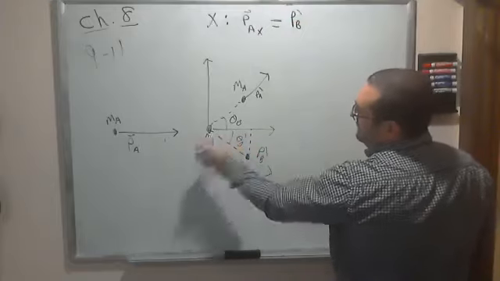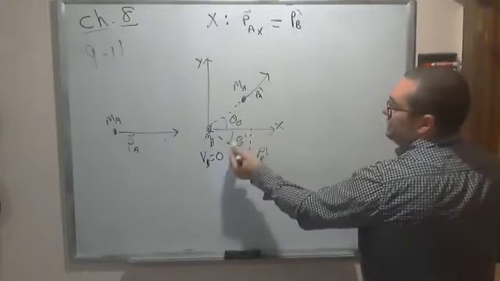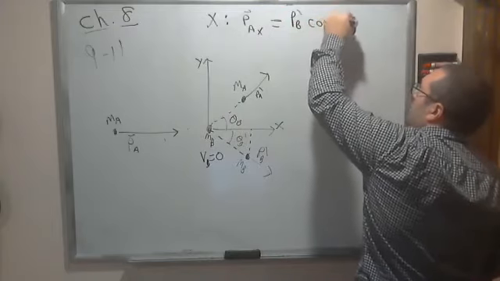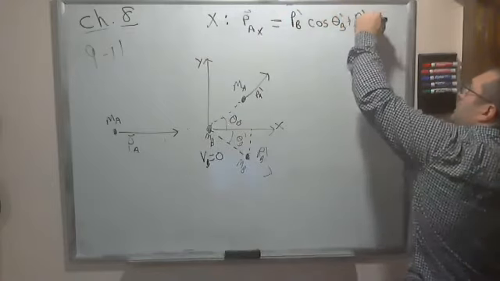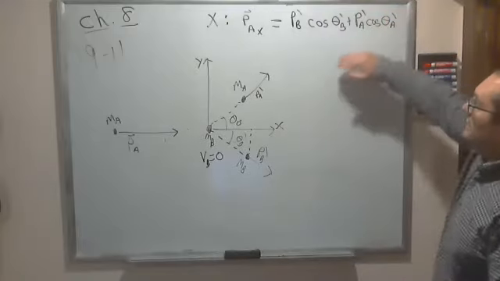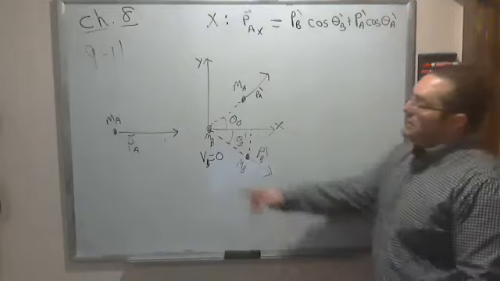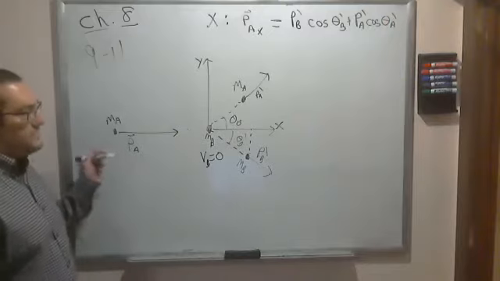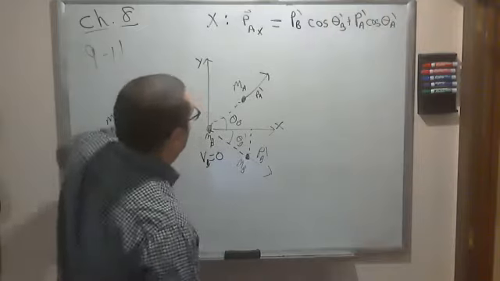In the x direction, this is x and this is y. That means that this would be cosine theta prime b, plus PA prime cosine theta prime a. And that's what happens in the x. The initial momentum is completely in the x, so the momentum in the x gets transferred to both particles, or both balls, we should say.